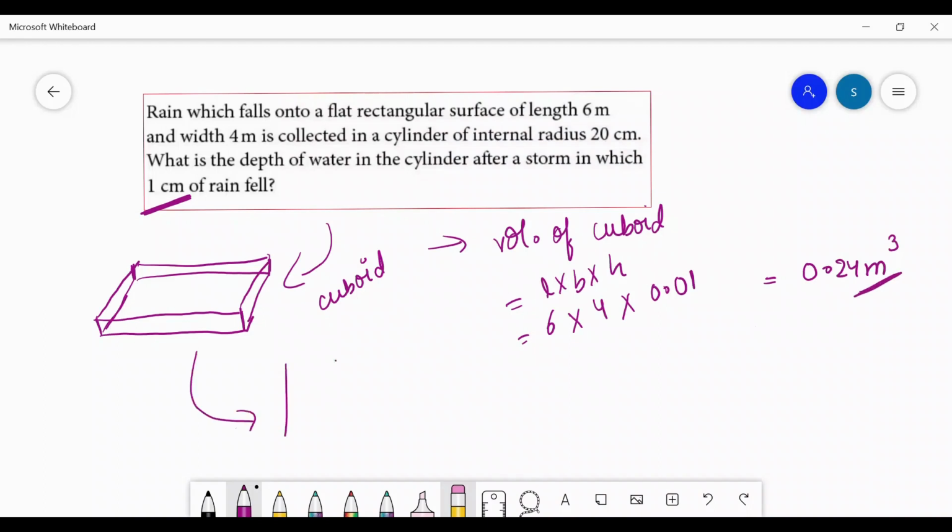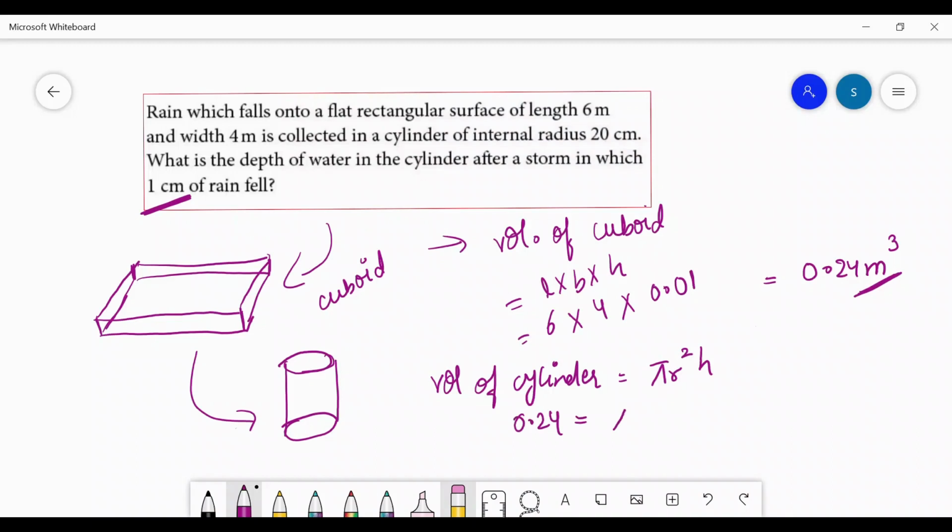Now we're going to equate this to the volume of the cylinder, because we are transferring the water from the cuboid to the cylinder. So the volumes are going to be equal. Volume of cylinder is given by the formula pi r square h, where the volume of the cylinder we already know because it's equal to the volume of the cuboid. So that's 0.24 equal to pi.